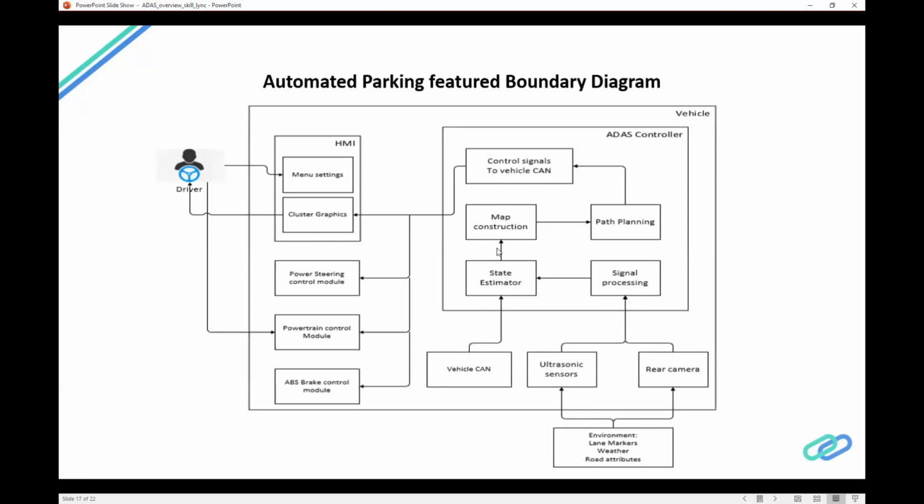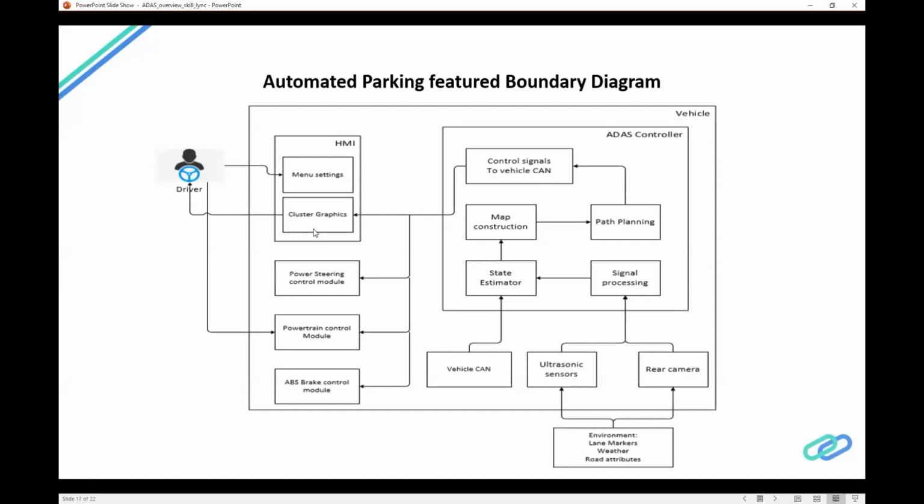And based on the map construction and the state estimator, a path is planned, and basically in the path planning, all the calculations regarding the steering angle, the throttle output, and how much steering angle should be given to achieve it are calculated. And finally, those signals go to the vehicle CAN. And the vehicle CAN, depending on the scenario, gives the corresponding outputs.